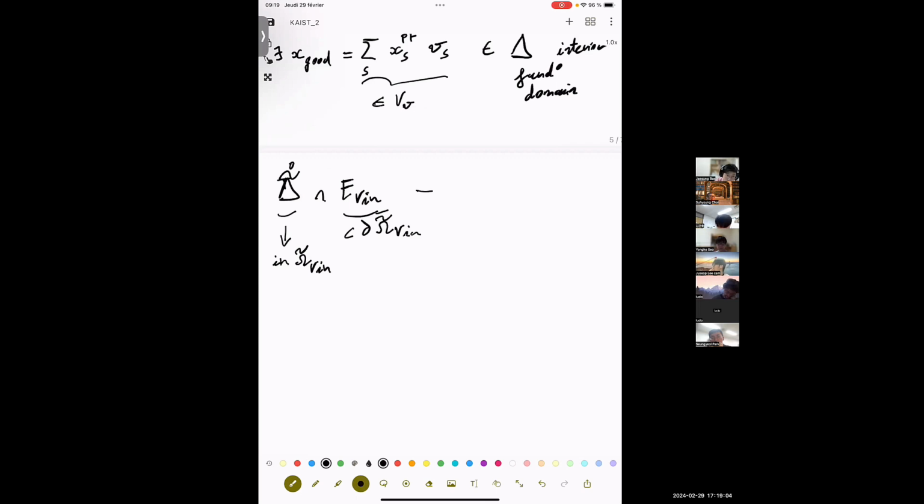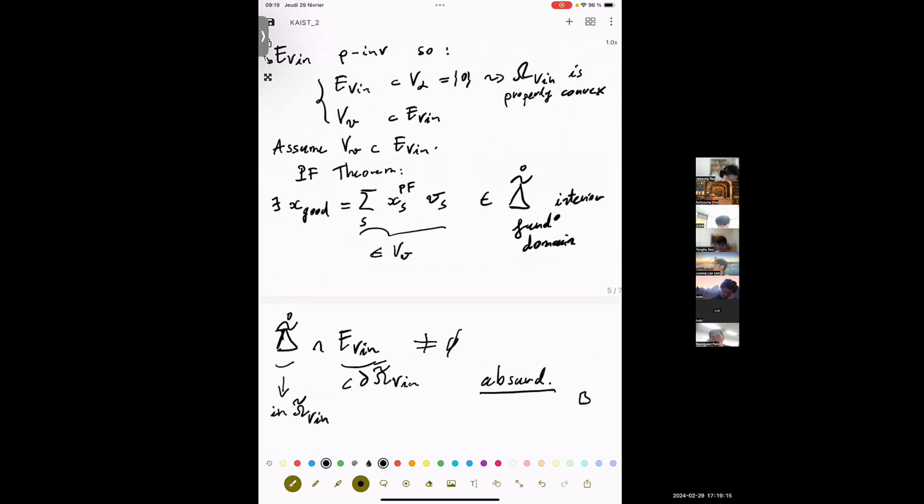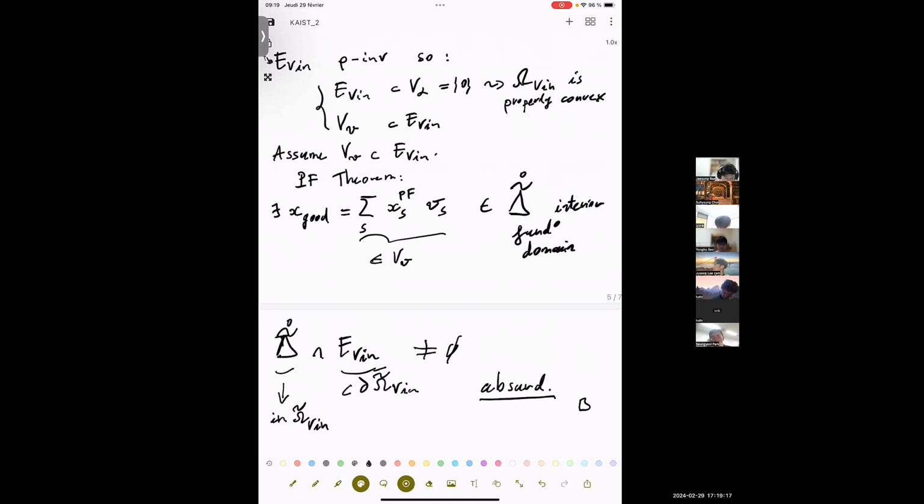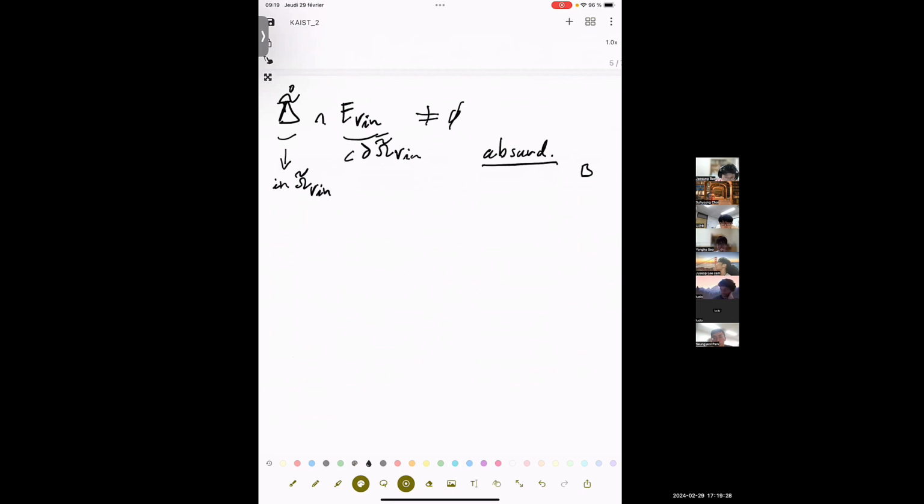Okay. So the only possible case is this one, which means that omega Vin is properly convex.